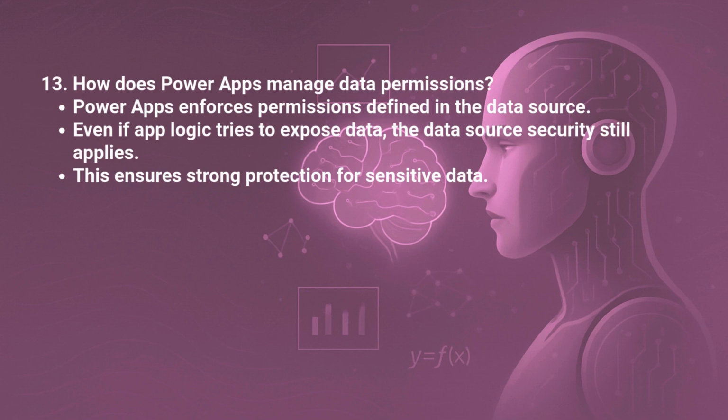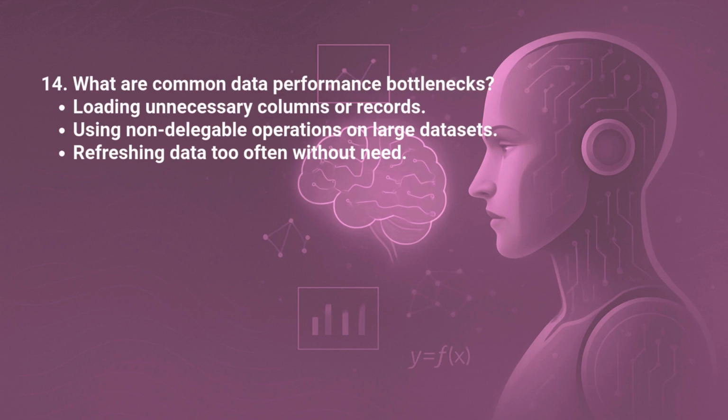Even if app logic tries to expose data, the data source security still applies. This ensures strong protection for sensitive data. 14. What are common data performance bottlenecks? Loading unnecessary columns or records. Using non-delegable operations on large datasets. Refreshing data too often without need.